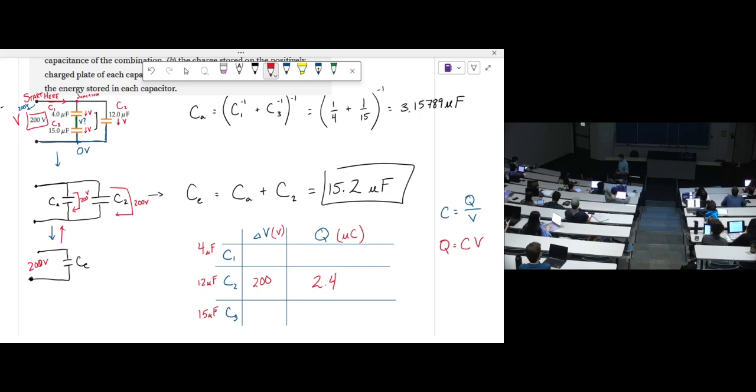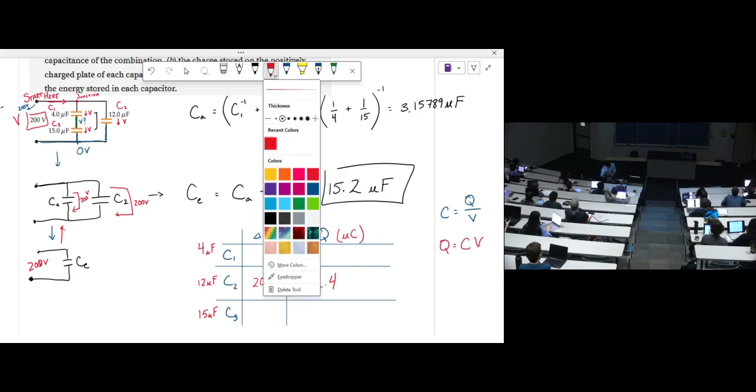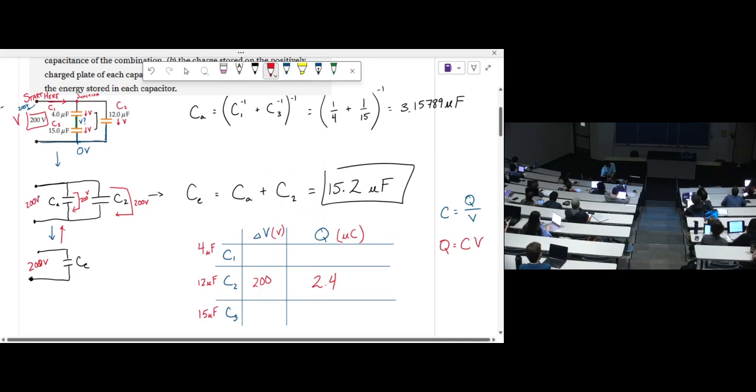Well, what I want you to consider here is, let's imagine that according to this 200 volt drop across C sub A, it would have some charge plus Q and some charge minus Q on each one of those plates.